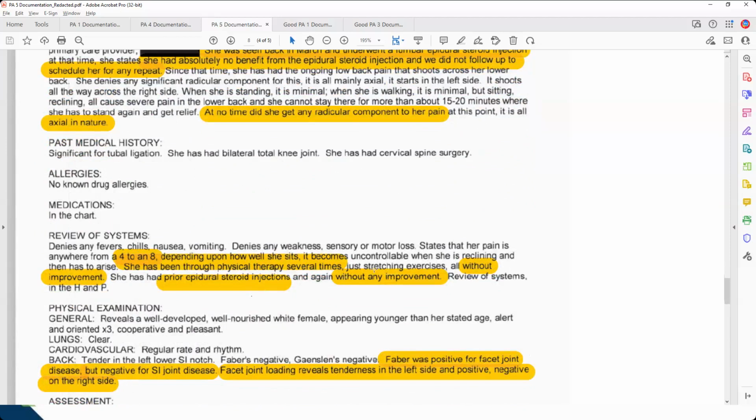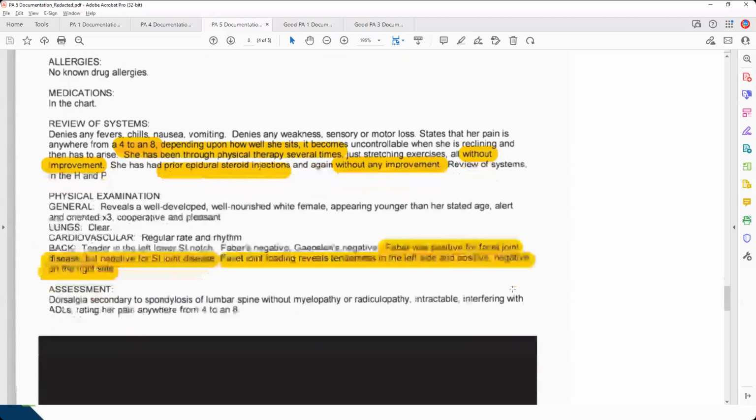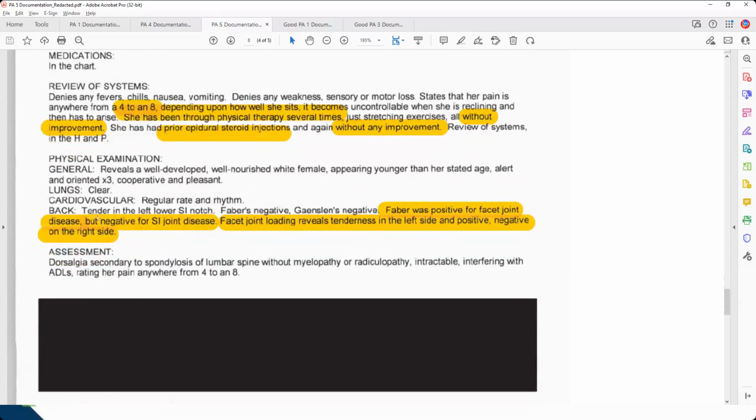She's done physical therapy several times. She's done stretching exercises, all without improvement. Prior epidural injections without any improvement. So tests were positive for Facet joint disease, but negative for SI joint disease.